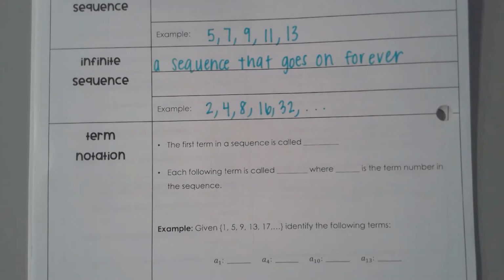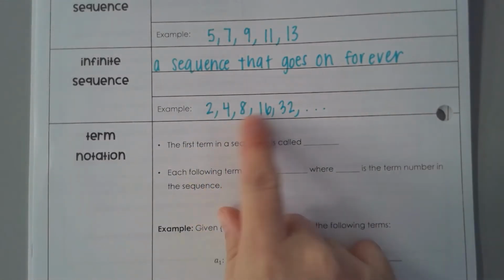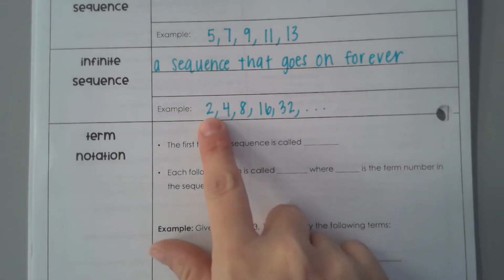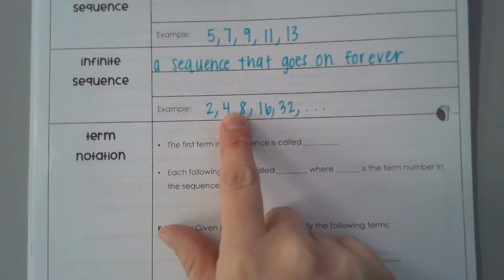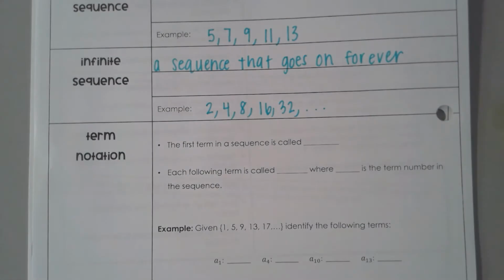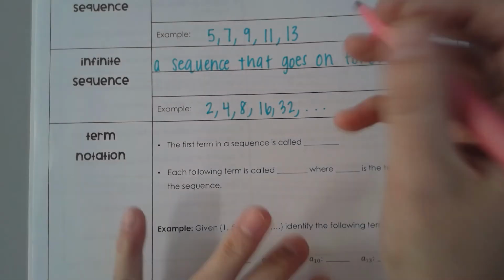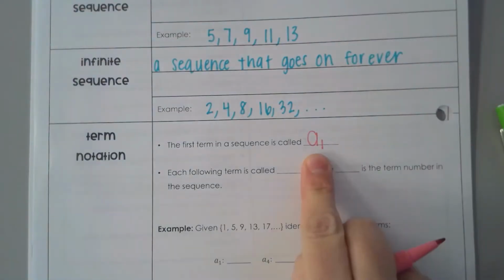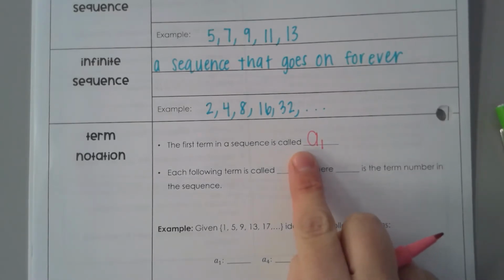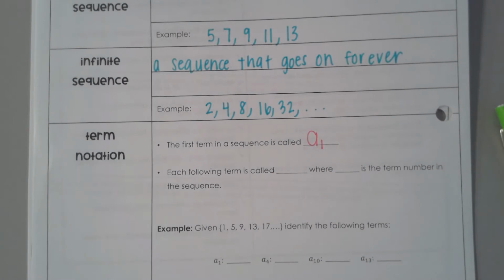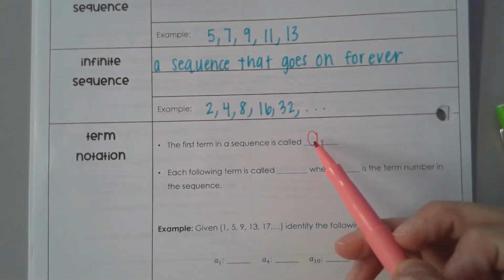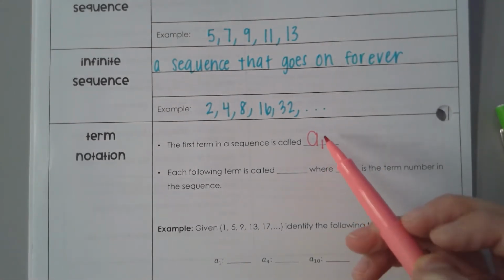So within a sequence, each number is called a term. This is a term. Each term, I use A for term, not T. So when you see an A with a little number, that means it's a term, and this one will be the first term.